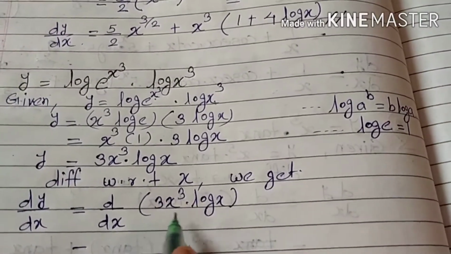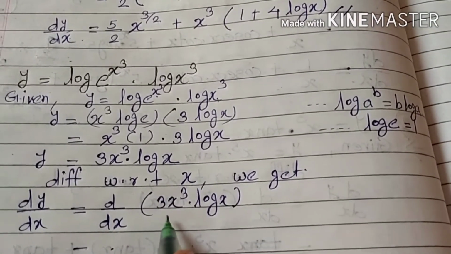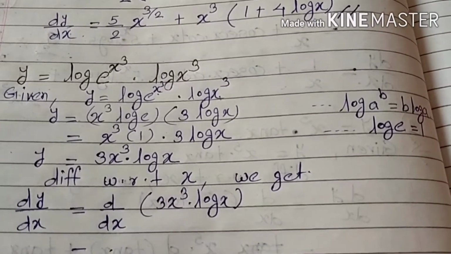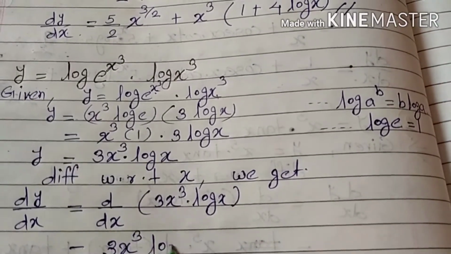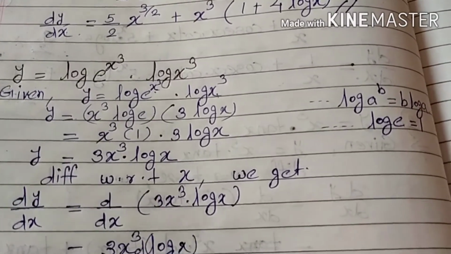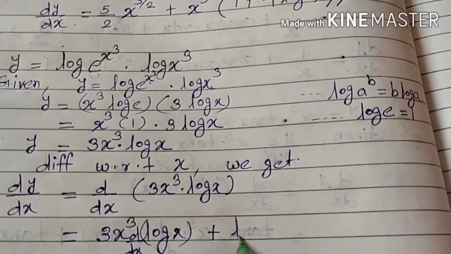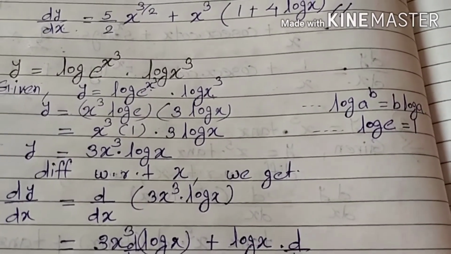So this is, here we use product rule. So first function as it is, derivative of second, d by dx of log x plus log x as it is, and derivative of first function.